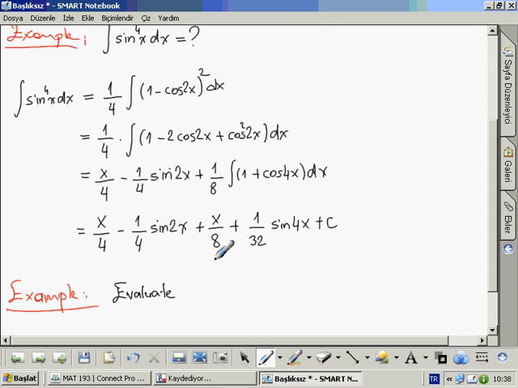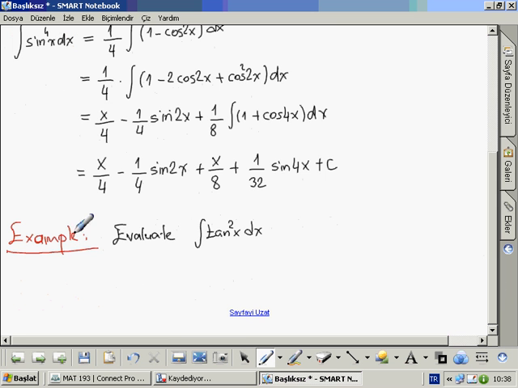Evaluate the integral of tan square x dx. We know that tan square x equals secant square x minus 1.